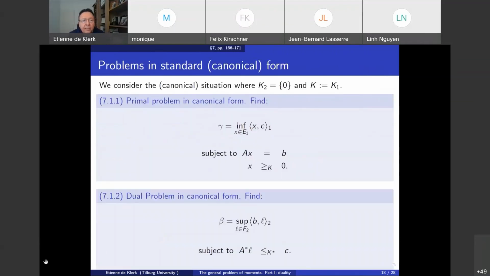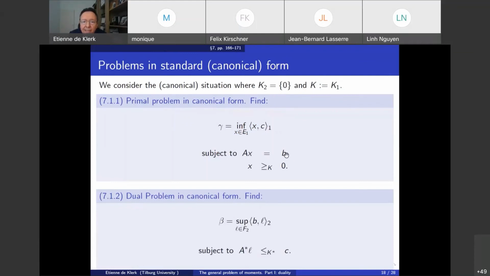And so then we can prove the so-called strong duality theorem. But before we do that, we're going to make some simplification. We're going to require that the K2 cone is a zero cone.